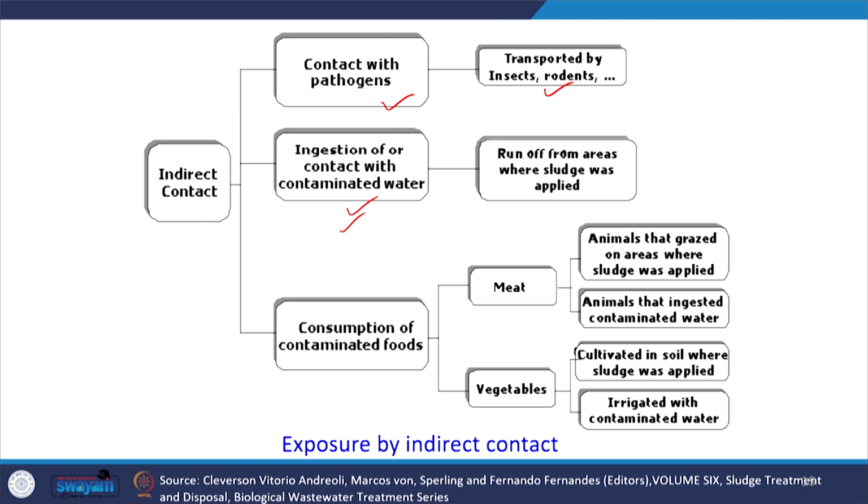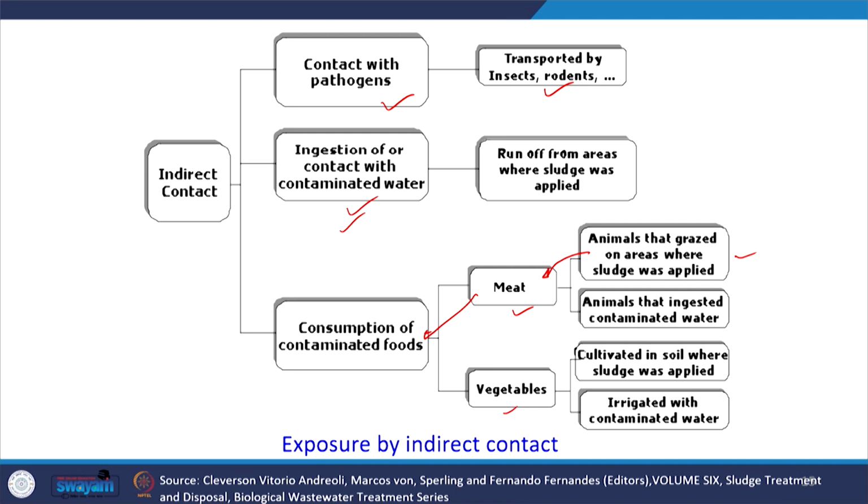Then consumption of contaminated foods, like meat and vegetables. Meat, if it is obtained from animals that grazed on an area where sludge was applied. So, then that meat if you are taking, it is indirect contact.